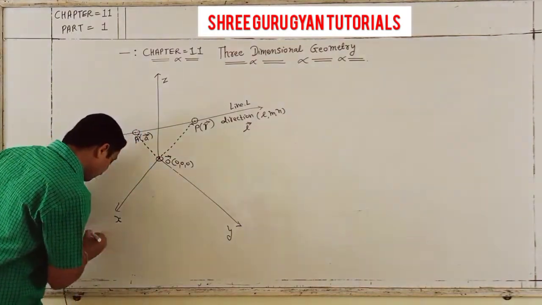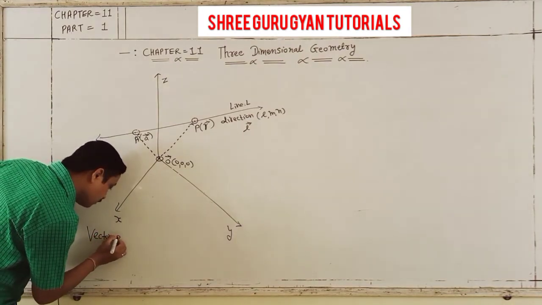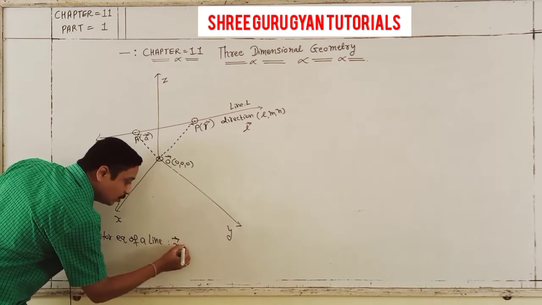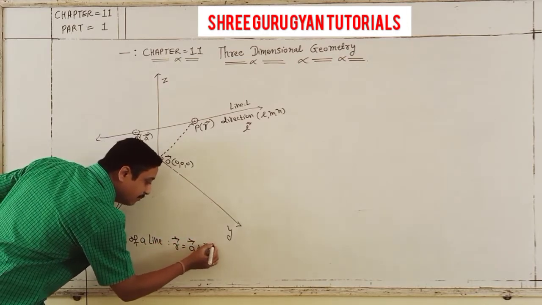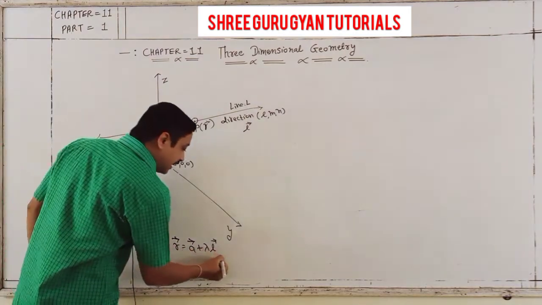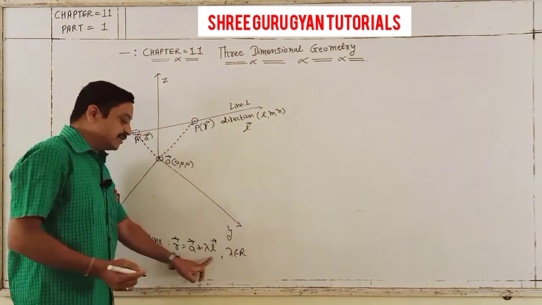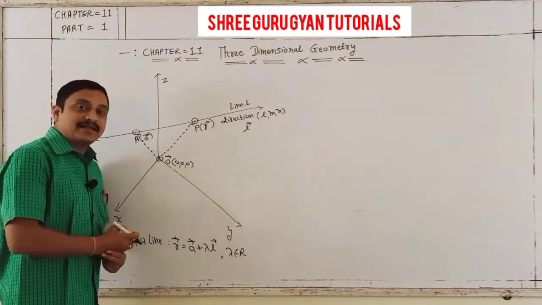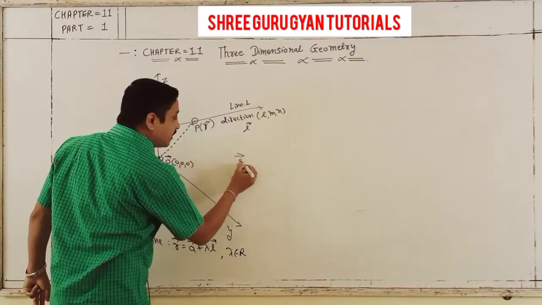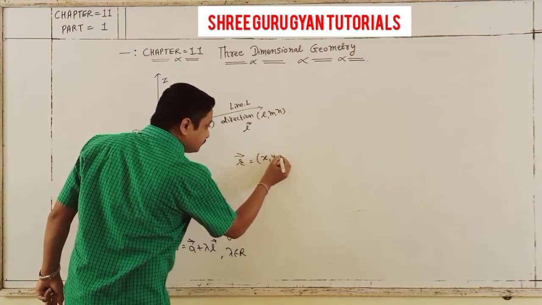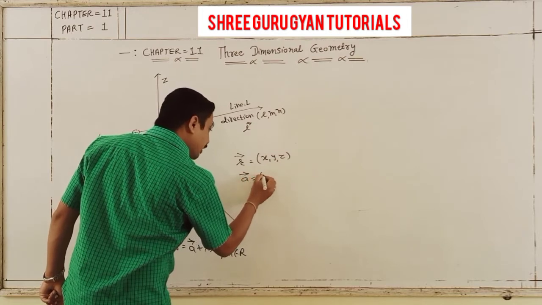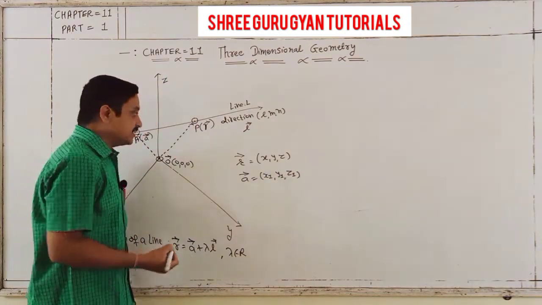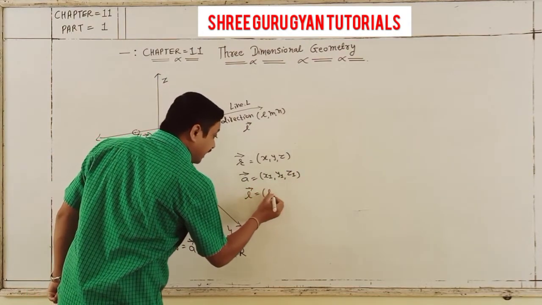So students, here first of all, the vector equation of a line is r = a + lambda l, where lambda belongs to R. l is considered the direction, a is considered the passing-through point of the line, and students, r is in general. So here I mention r in general as (x, y, z). a is a passing-through point (x1, y1, z1), and direction l, m, n.